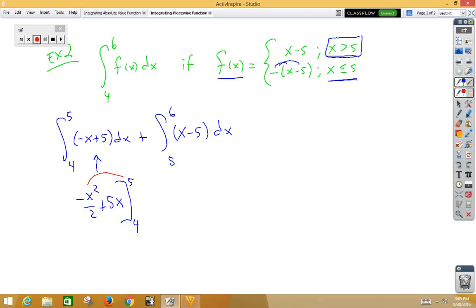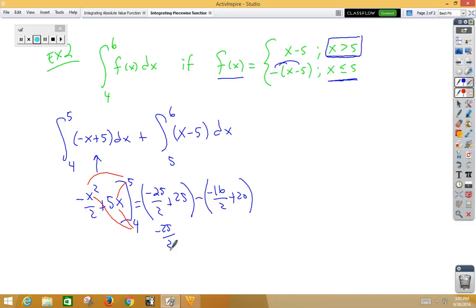I'm going to plug in my 5. So that gives me a negative 25 over 2 plus a 25 minus, plug in, and I get a negative 16 over 2 plus a 20. Make a common denominator here. I've got negative 25/2.